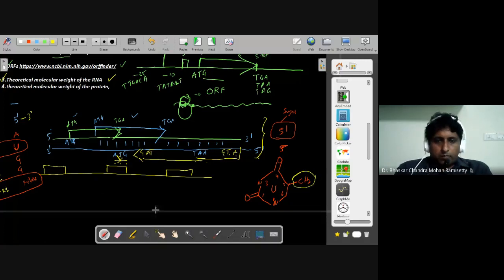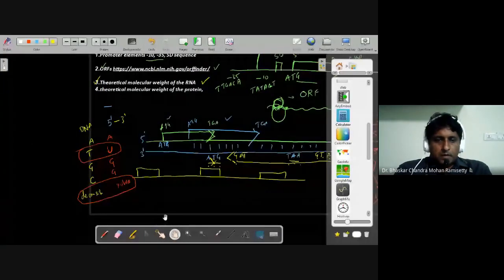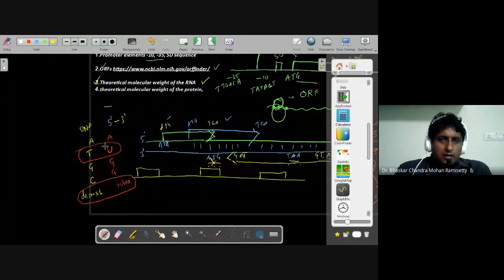So in the chemical differences, what you will find is that one methyl group is missing here.